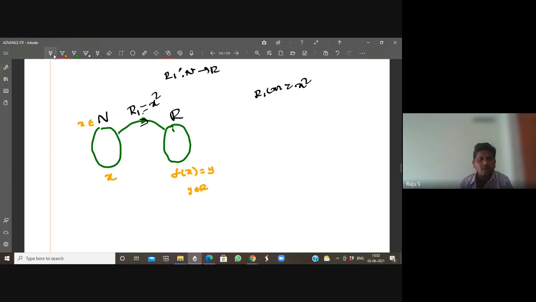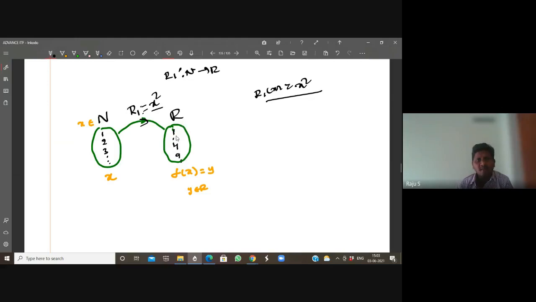I have taken x square. What is the set of all natural numbers? 1, 2, 3, and so on, up to infinity. So what is the output? I'm giving input as natural numbers. Substitute in place of x: 1, 4, 9, 16, and so on.